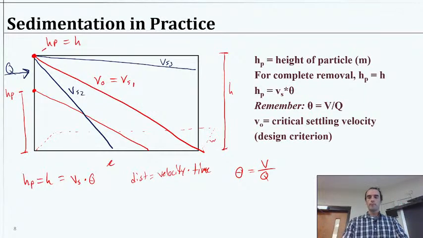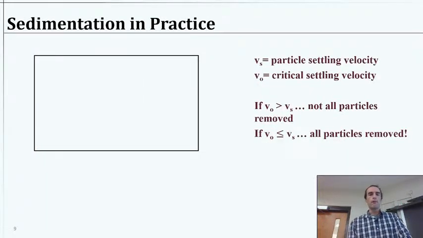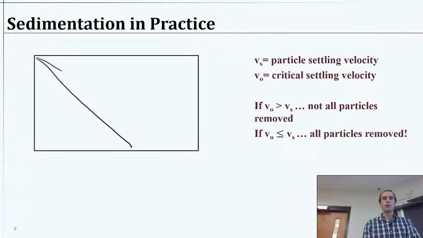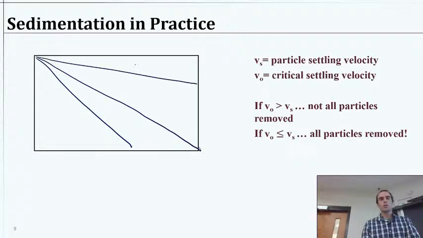So if we have a condition where, again, I'll draw a few cases here. We'll do Vs3, we'll just call this V, we'll do V naught, the critical, V1 and V2. So if we have a particle traveling equal to V critical, by definition, all of the particles will be removed, right?